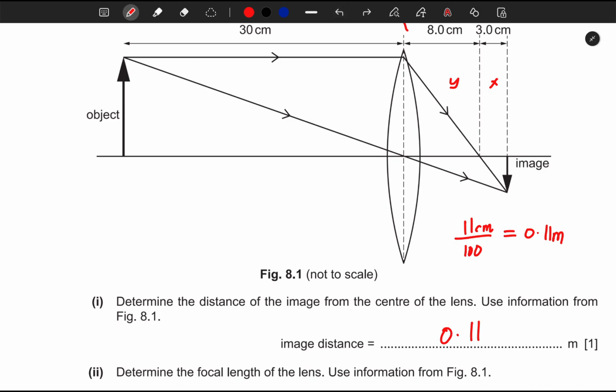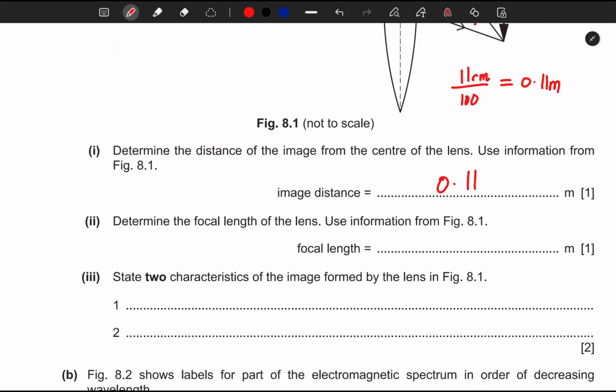The focal point is where this line cuts the principal axis, this line that we are seeing here, which is what we call the principal axis. Where this line coming down cuts, that's where we have our focal point. And the distance from there to there is what we call the focal length. And what distance is it? 8 centimeters. But they want it in meters. So we divide 8 centimeters by 100 to give us 0.08 meters.